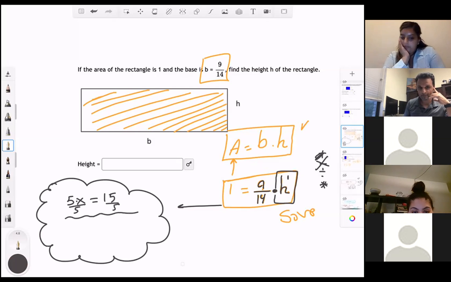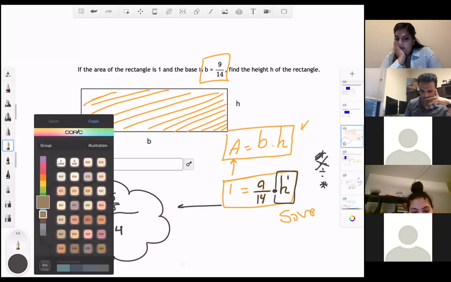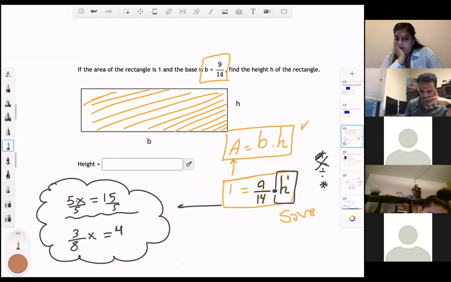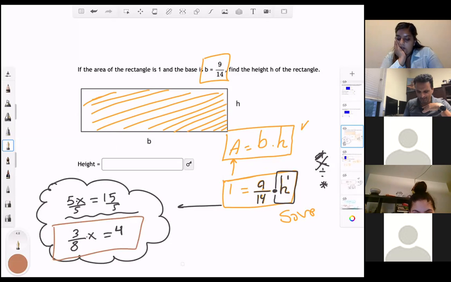But if we have a question like 3/8 of x equal to 4, how do we solve this equation? If there's a fraction, I know we divide, but because it's a fraction, dividing both sides by 3/8 is kind of ugly, correct?